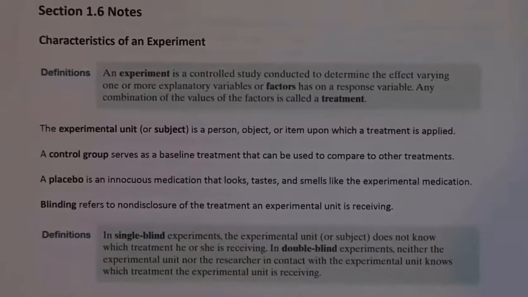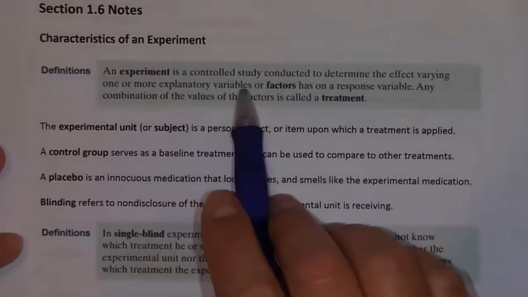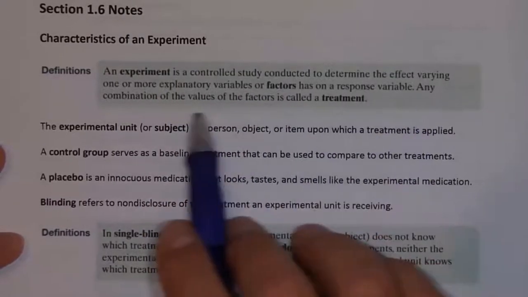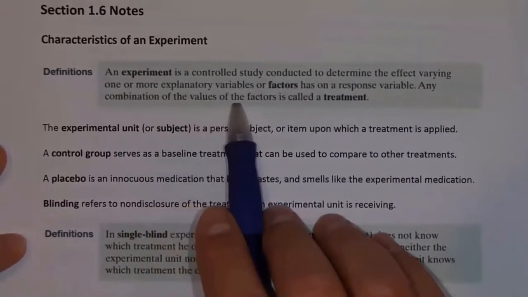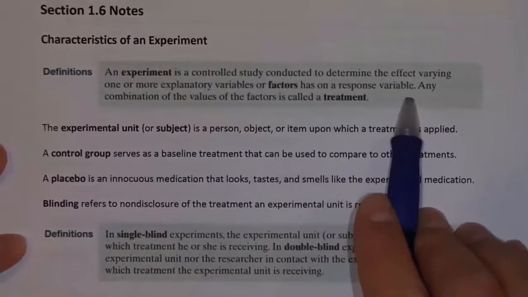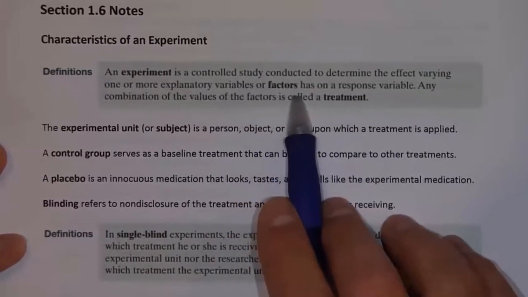So we defined experiments previously, but just as a quick review here, an experiment is a controlled study conducted to determine the effect varying one or more explanatory variables or factors has on a response variable. Notice that the author just threw in another term here, factors.